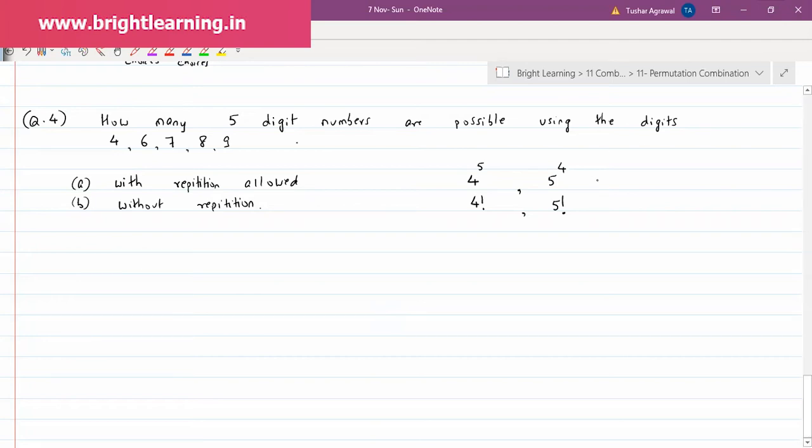Now 1 minute. And another is 4 to the power 4, and another option is 5 to the power 5.